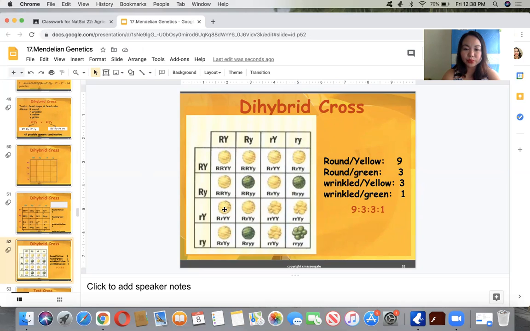So 1, 2, 3, 4, 5, 6, 7, 8, 9. And round and green is 3. 1, 2, 3. And the wrinkled and yellow is 3. And the wrinkled and green is 1. And so the phenotypic ratio is 9 is to 3 is to 3 is to 1.